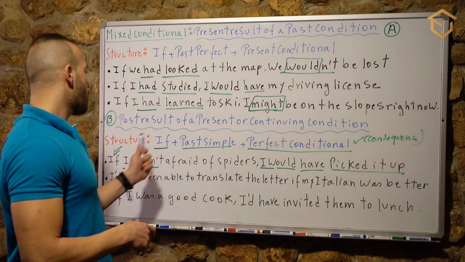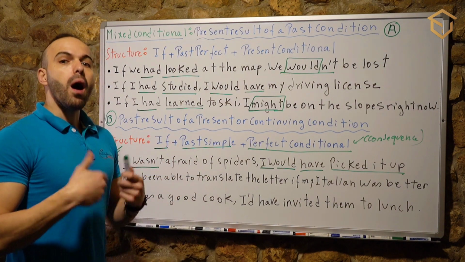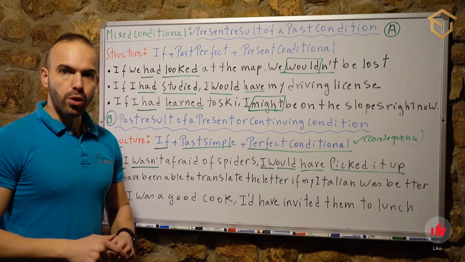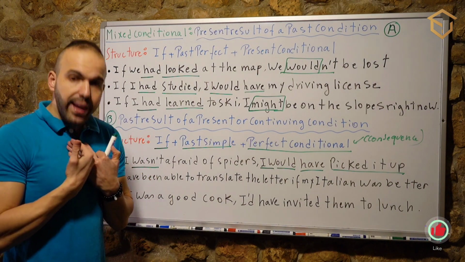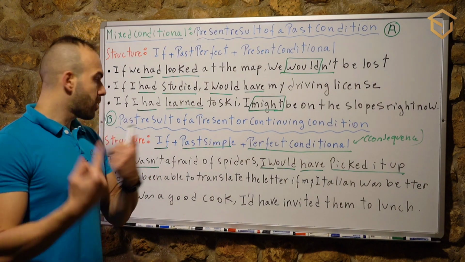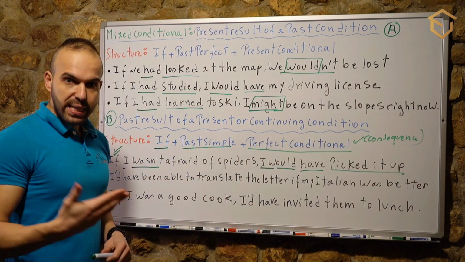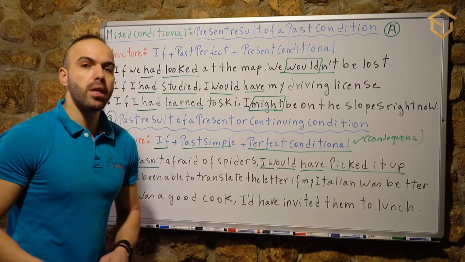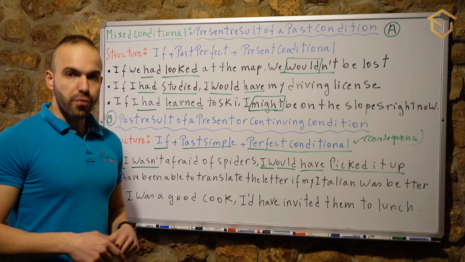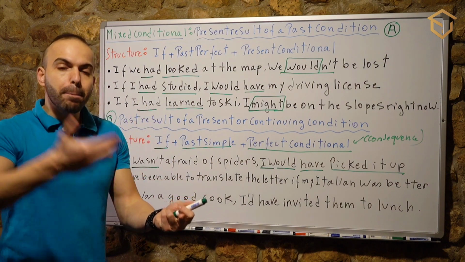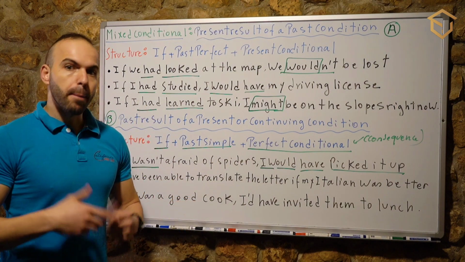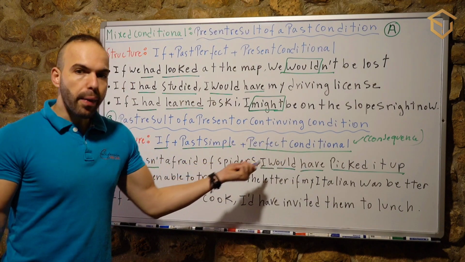This refers to an unreal present situation because actually I'm afraid of spiders. But the other half of the sentence, I would have picked it up, refers to an unreal past situation or condition because I didn't pick it up.